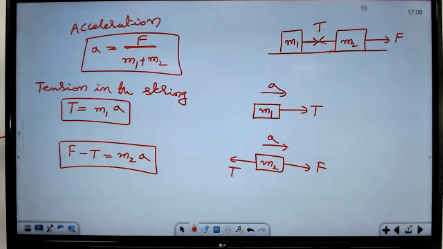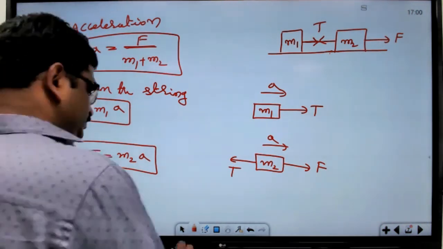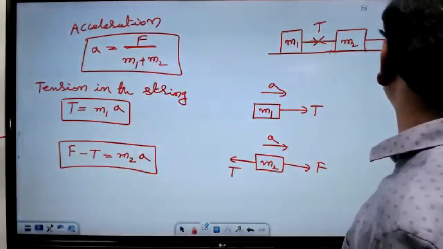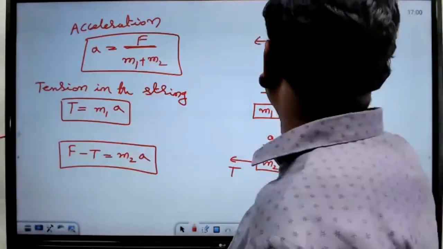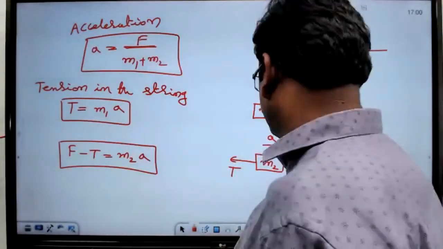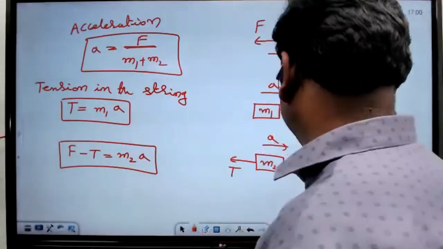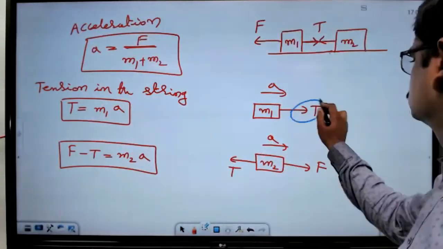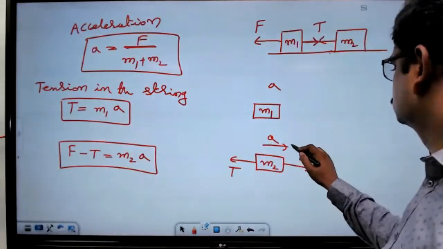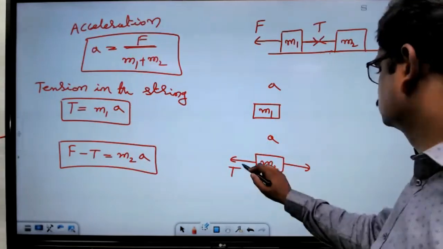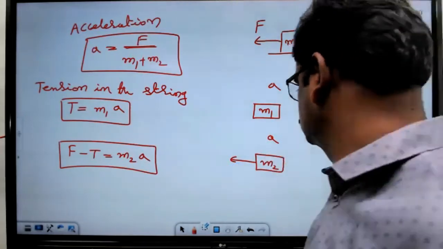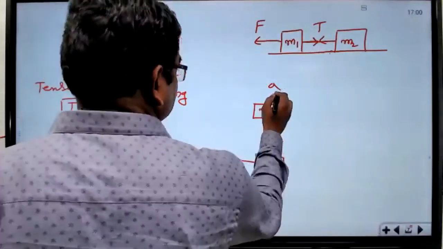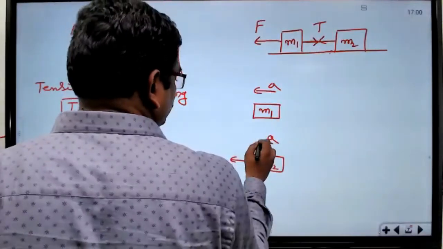Next case, the same force acting on mass M1. So, direction of acceleration is same as applied force.